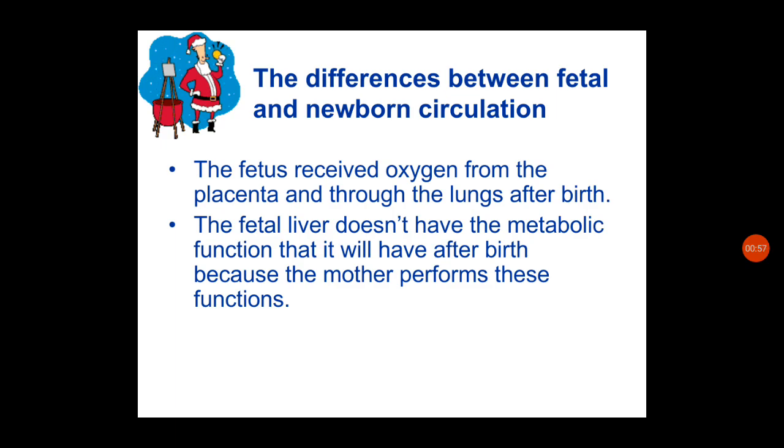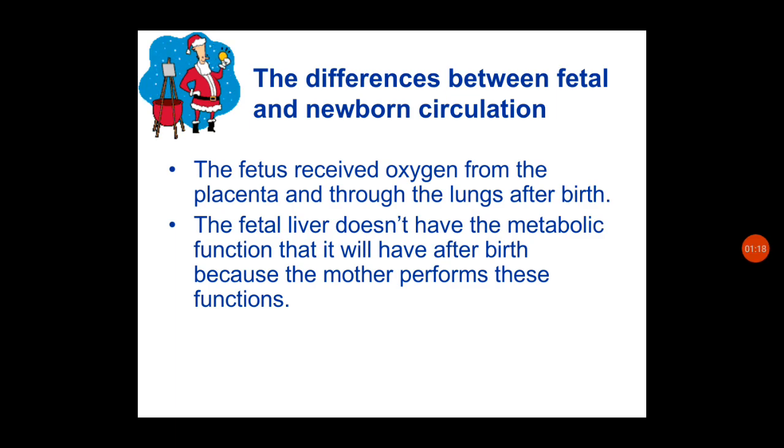Before birth the blood coming to the placenta from the maternal side provides oxygen, and after birth it is received from the lungs. So there is a structural difference in where the oxygen exchange is happening before and after birth.